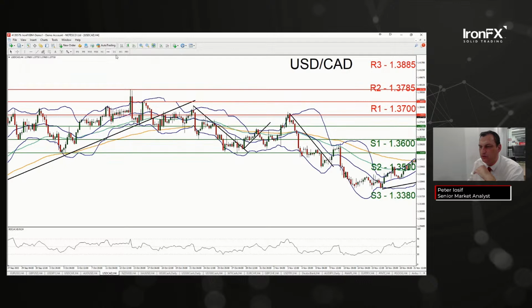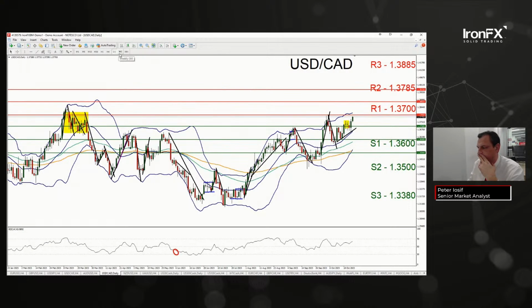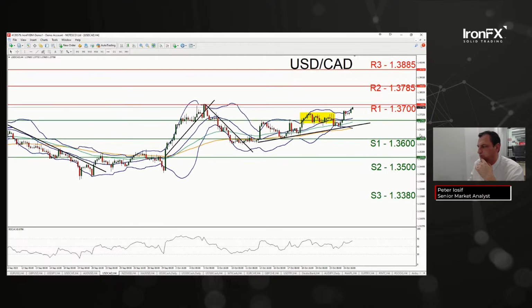I would like to have a look also at the daily chart to see the big picture here. There's clearly an upward movement forming. Let's drill back to the 4-hour chart. Okay, let's correct also the labels.